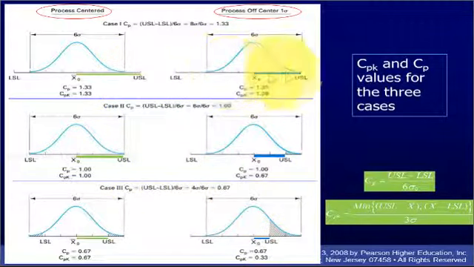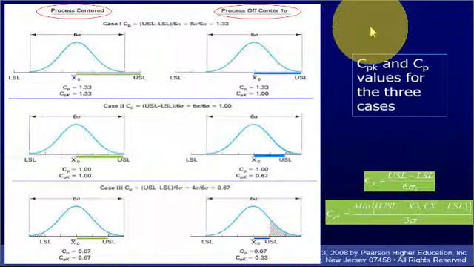However, when you shift 1 sigma, your CPK value decreases, because the difference between the specification limit and the center of your process decreases when you shift. So when you shift, the CPK value decreases. Here is a comparison of the CPK value and CP value in 3 cases.